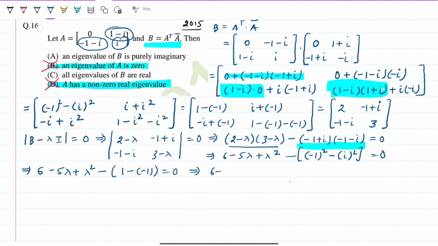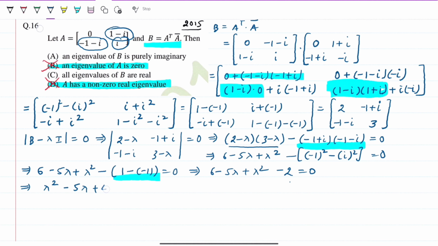That's 6 minus 5 lambda plus lambda square, and this term right over here becomes 1 plus 1, 2, so we have a minus 2 equal to 0.